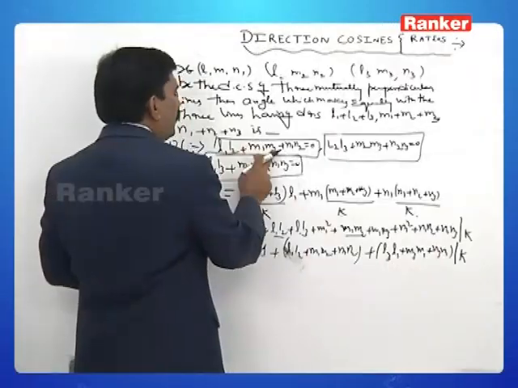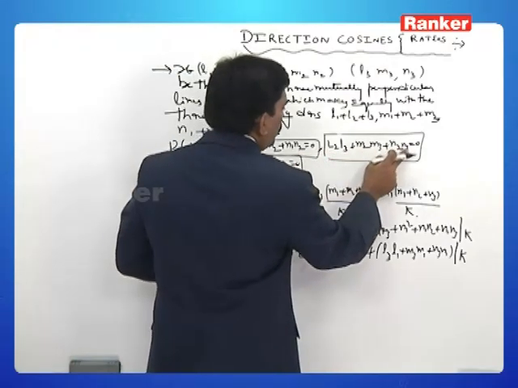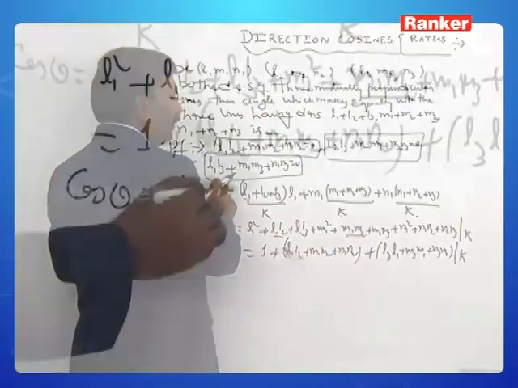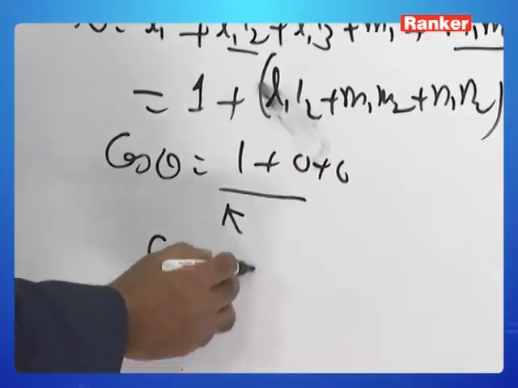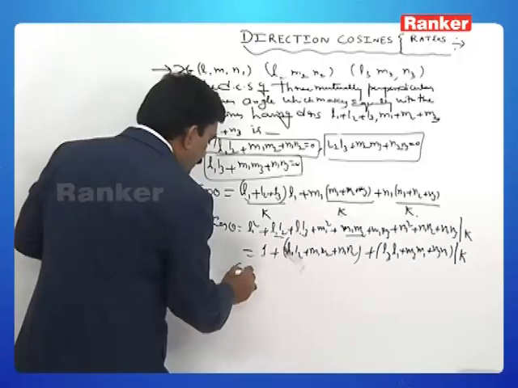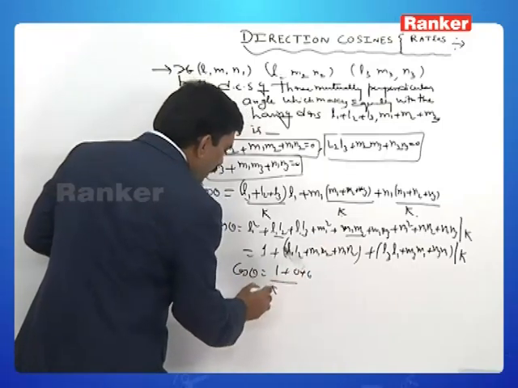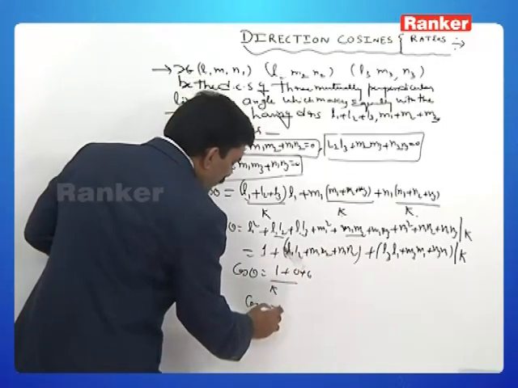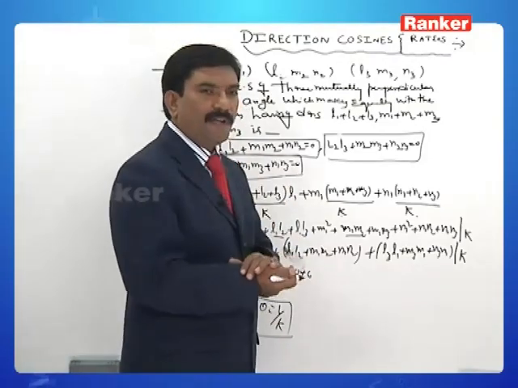Therefore l1 l2 plus m1 m2 plus n1 n2 is equal to 0, l2 l3 plus m2 m3 plus n2 n3 is equal to 0, l3 l1 plus m3 m1 plus n3 n1 is equal to 0. With that data, I can write these as 0. So cos theta is equal to 1 plus 0 plus 0 by k. Therefore, cos theta is equal to 1 by k. But what is k? Let us find out.